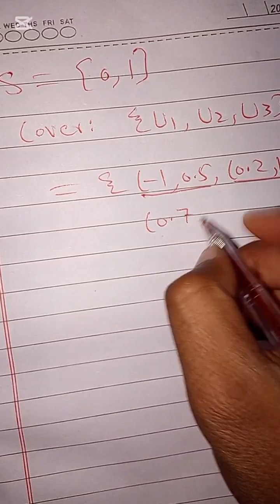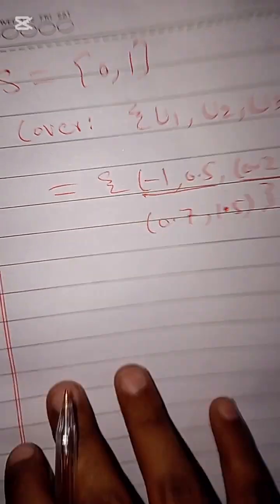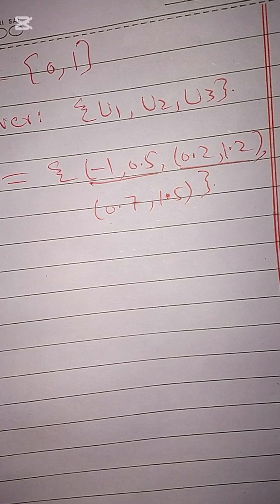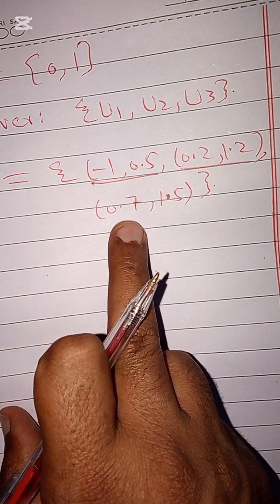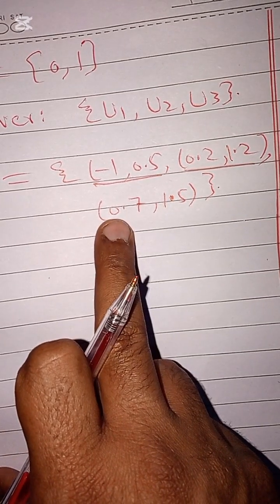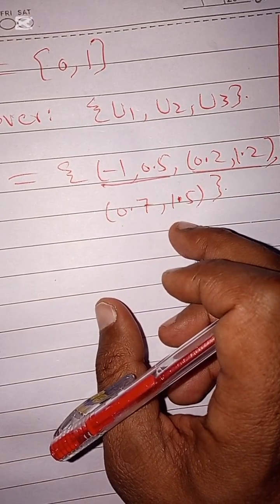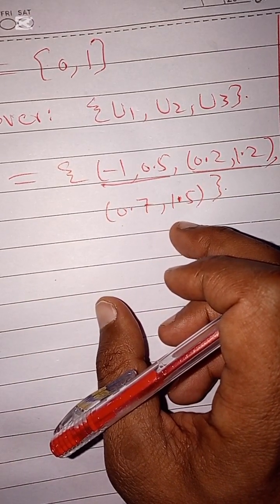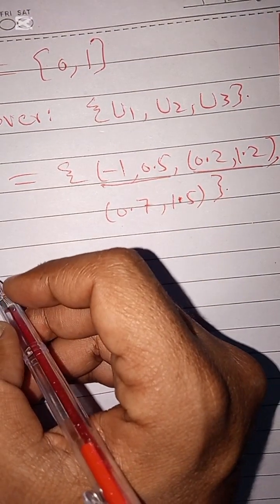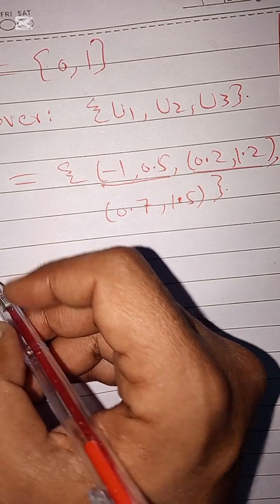How are these a cover of it? Because they satisfy the conditions of a cover. What are the conditions of a cover? Number one, those should be open sets, and the union of them should contain S. Let's check it. These u1, u2, u3 are three sets, and these are open. Yes, these are open, so the first condition is satisfied. What is the second condition? Does their union contain S?